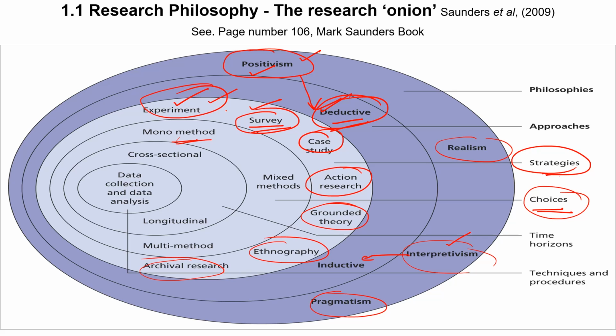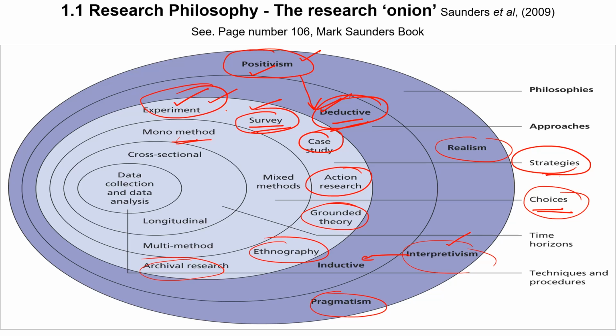Then the fifth layer is time horizon. Cross-sectional means you start your research, collect the data, interpret it, and finally give the result in one shot. Longitudinal means you are going to conduct the experiment over a time frame, like pre-experiment and post-experiment.